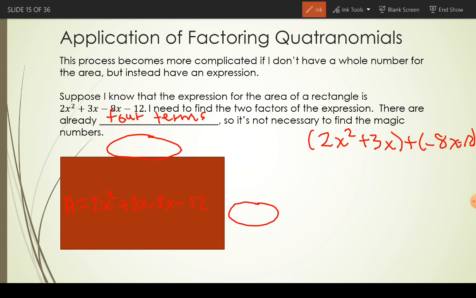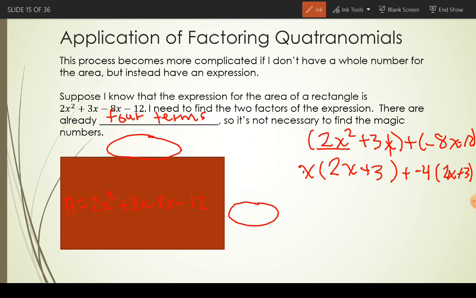I can take out an x from the first 2 terms. And when I take out an x from 2x squared, I'm left with 2x. And when I take out an x from 3x, I'm just left with 3. Plus, I can take out a minus 4 from negative 8x and negative 12, and I'm left with 2x plus 3.